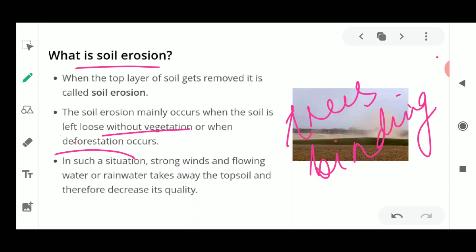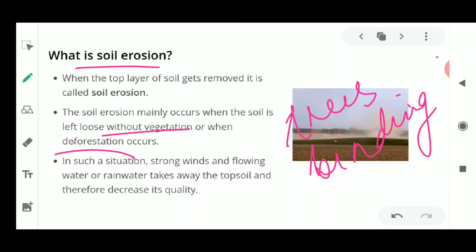They are anchoring these soil particles with the roots of the plants and the trees, and these roots are not allowing the particles to move here and there. So they are placed tightly at one place and they cannot move. That is why when deforestation is occurring, it is going to harm the soil, because the soil is getting eroded. It is going to move from one place to another.